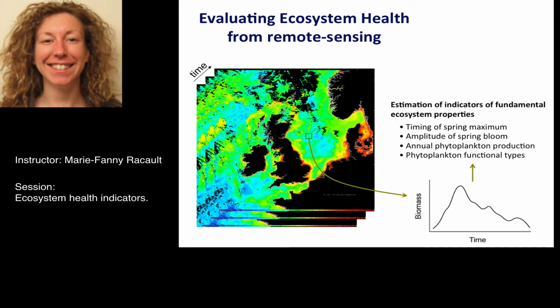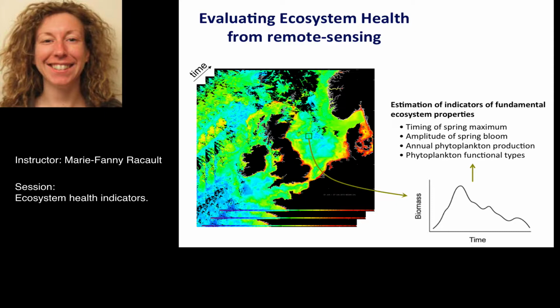Some of these indicators relate to the timing of events, so the phenology of phytoplankton, and some are related to absolute changes. So maybe annual phytoplankton production, 95th percentile of chlorophyll.